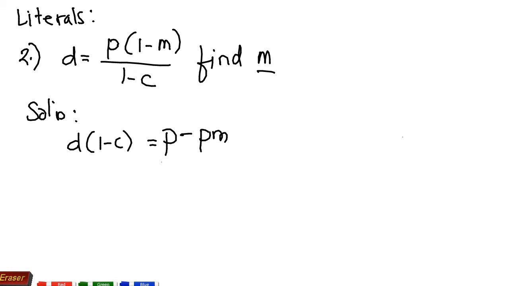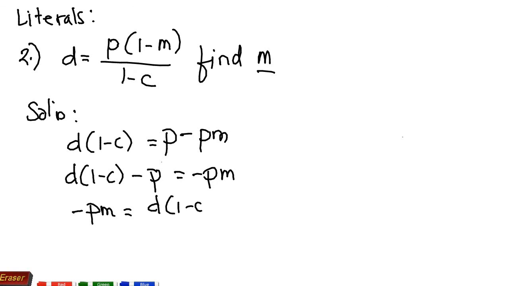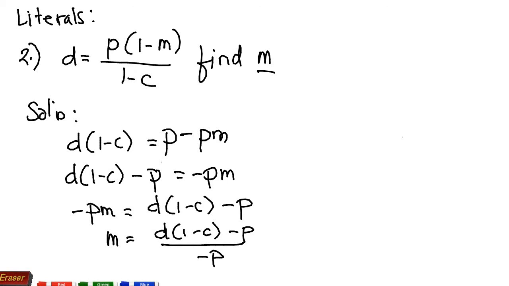Okay, then we transpose your p to the other side, so that will become d times 1 minus c minus p, that is equal to negative pm, or negative pm is equal to d times 1 minus c minus p. So m therefore is d times 1 minus c minus p all over negative p. Okay, so I will accept this answer already.